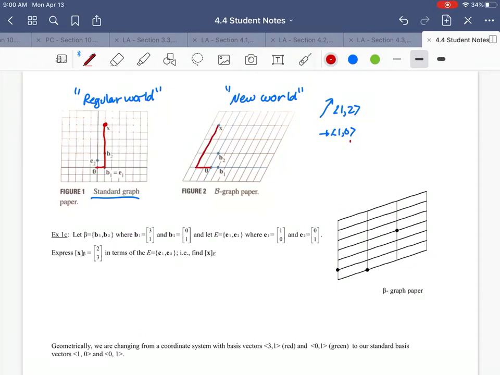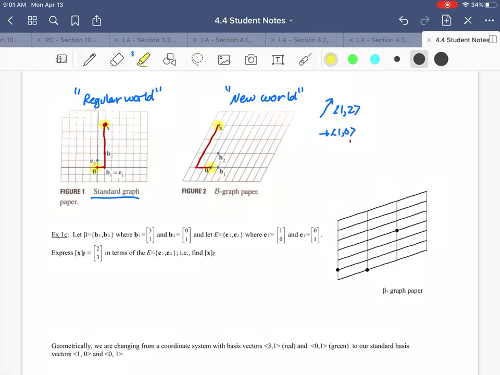So 1, 2, 3. It's kind of weird because it's slanted, but if you look at the relationship between where the origin is and where you end up, from the origin to the x, it's a little bit to the right and up. Well, that's the same thing as here to here.